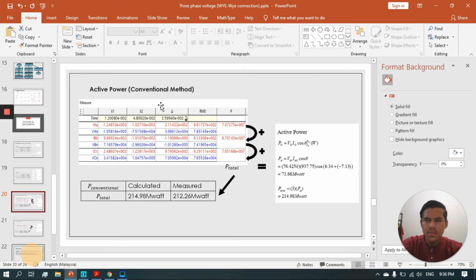Okay, next, power. This is the next study, of the active power. This is the first method, which is the conventional method.